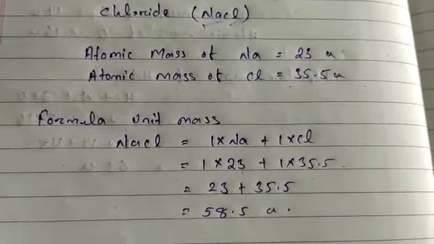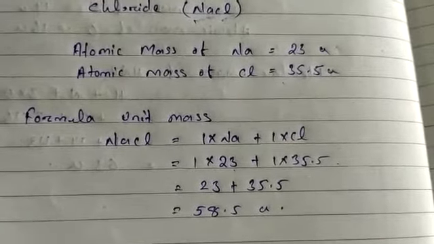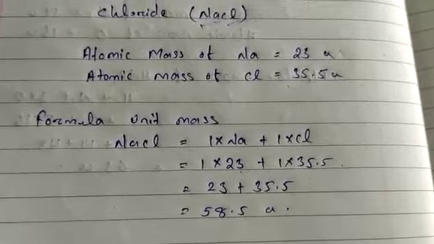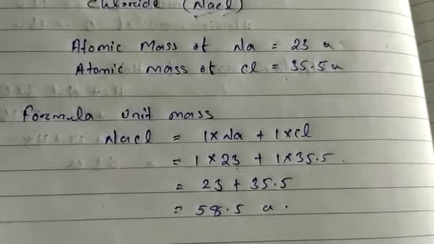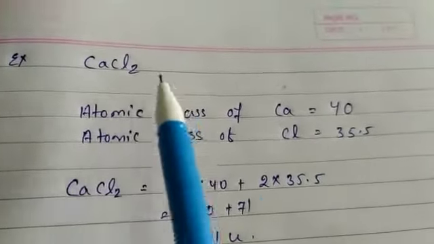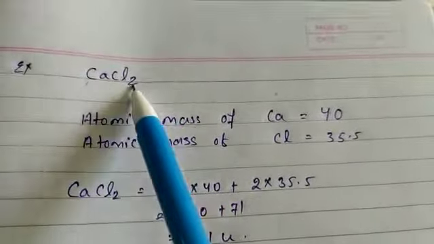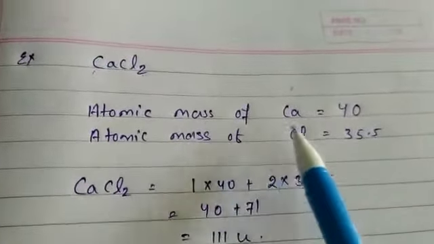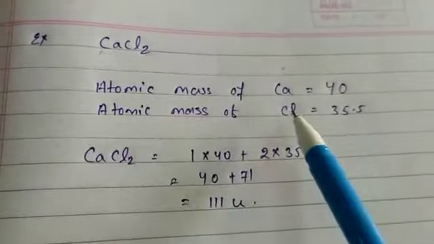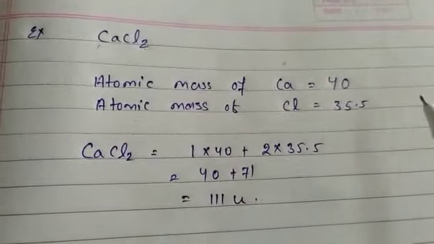Similarly, let us take another example, calcium chloride. How do we find the formula unit mass of calcium chloride? For CaCl2, the atomic masses of calcium and chlorine are needed. The atomic mass of calcium is 40 and the atomic mass of chlorine is 35.5, as I told you in the previous example.